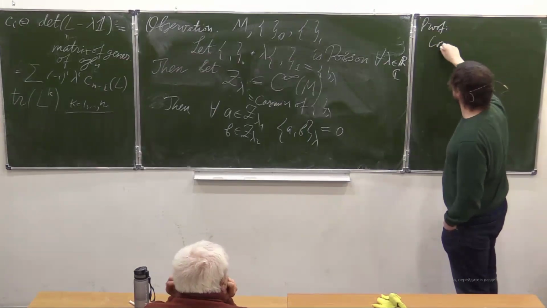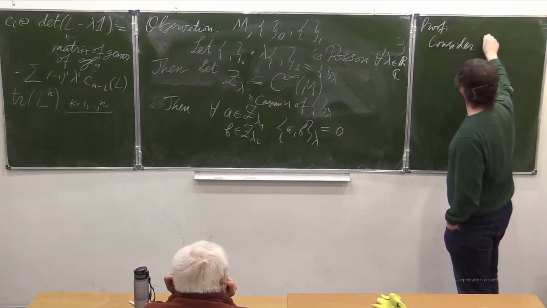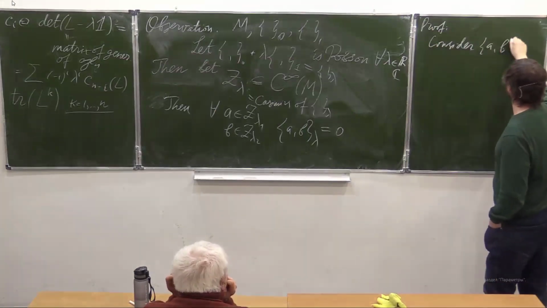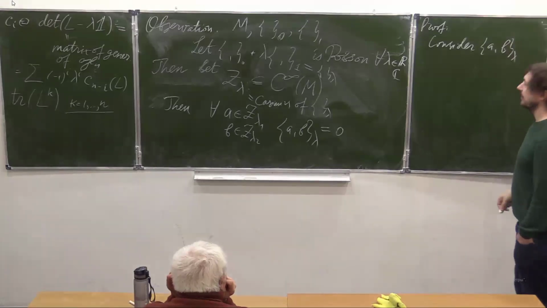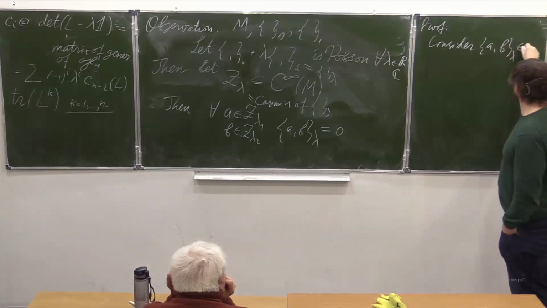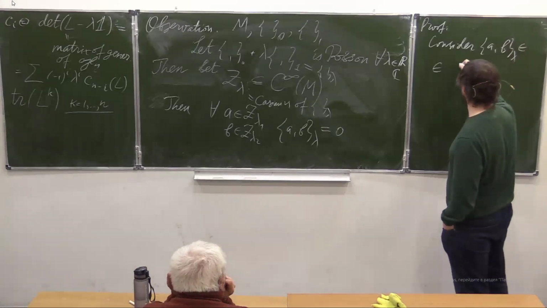Consider the bracket {A, B}_lambda. It is an element of the following linear space.